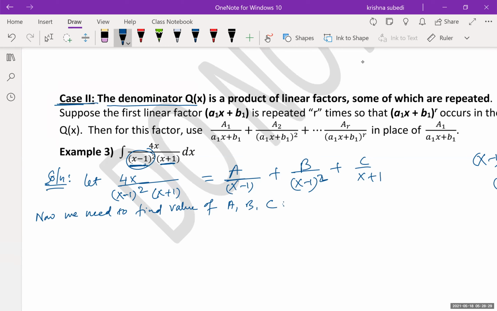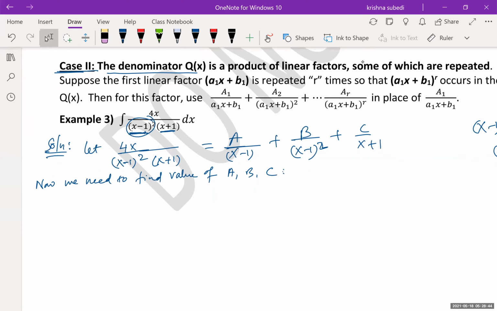Now we need to find the value of a, b, and c. Which method do you like to find the value of a, b, c? So the first one or the second one? Maybe the first one is easier in some cases, but in some cases method 2 is easier. So here maybe I'll use method 1. So for which, what I'm going to do is, first of all, let me simplify a little bit further.